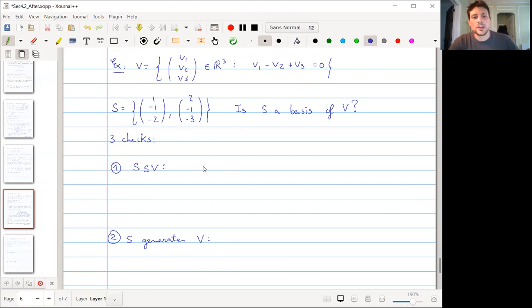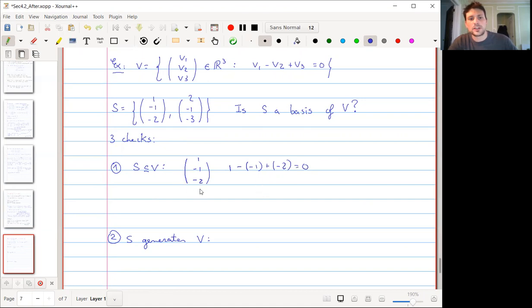Well, first of all, we need to check whether the two vectors do belong to V: 1, minus 1, minus 2. So let's write out the relation that we require for these to hold: 1 plus 1 minus 2. This is 0.